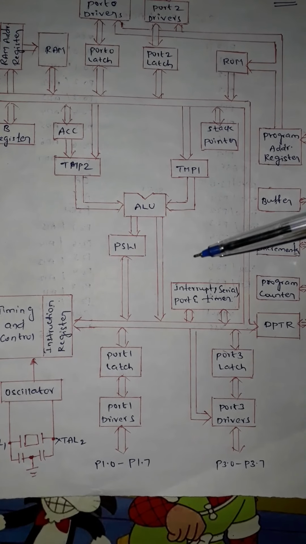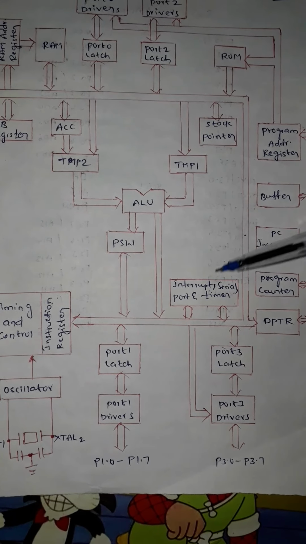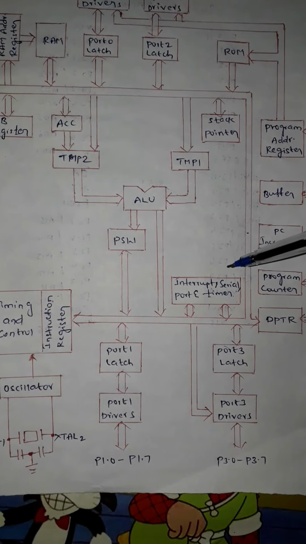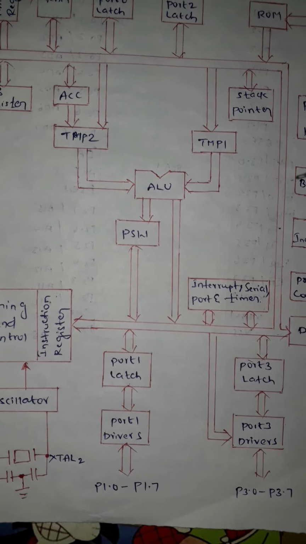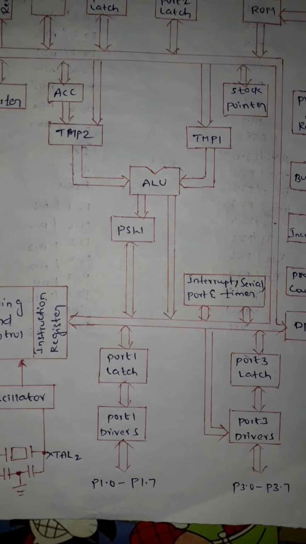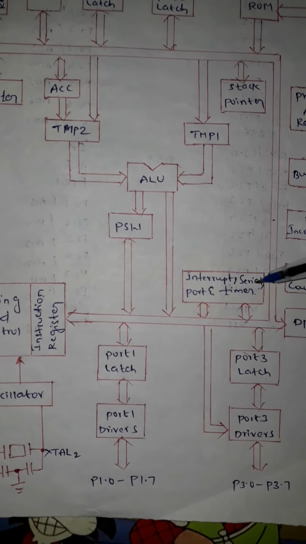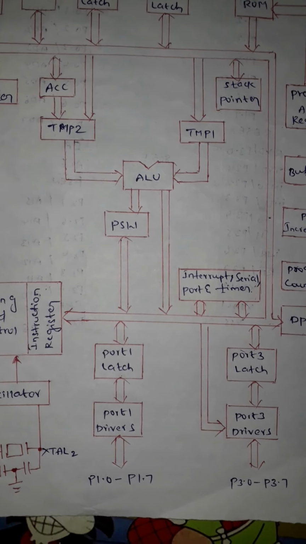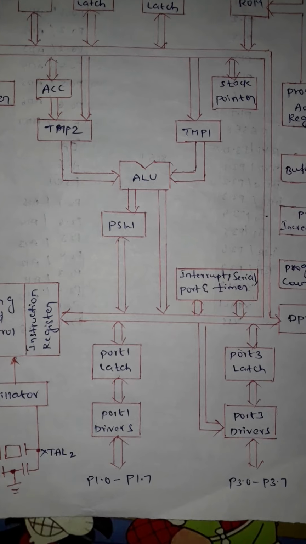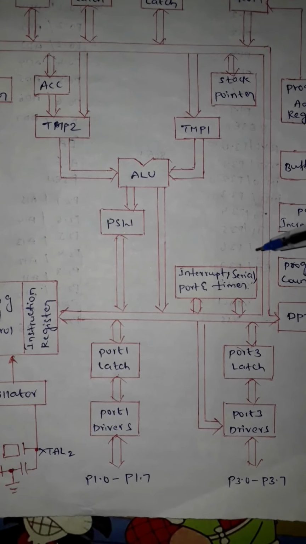It also has separate blocks for interrupts, serial port, and timers. So it has interrupt capability, and interrupts can be controlled with the help of separate registers. It has a serial port for transferring data serially from the 8051 to other serial devices, and it also receives serial data from other devices.